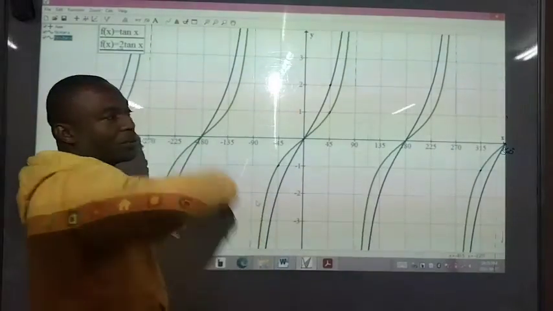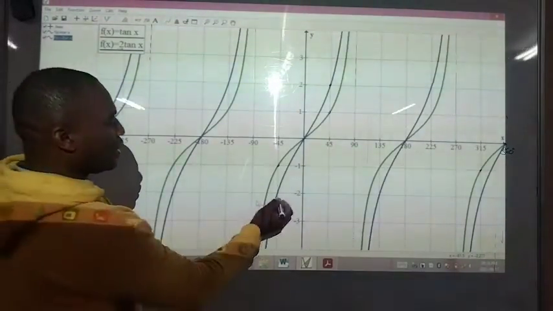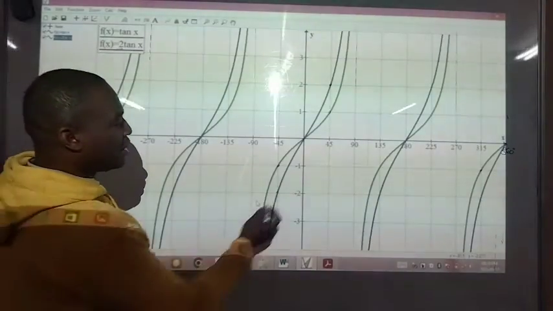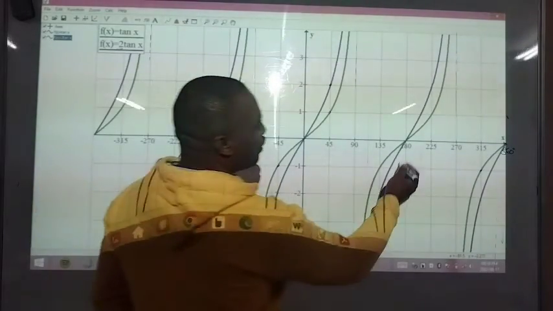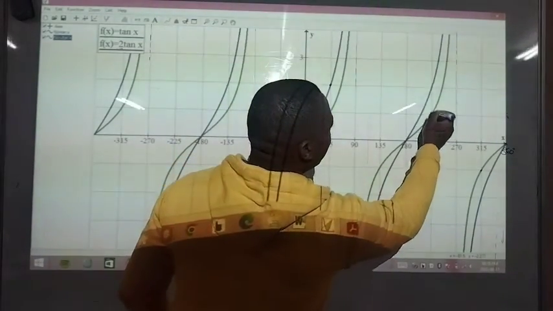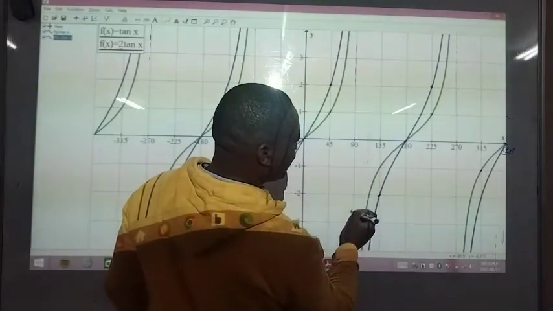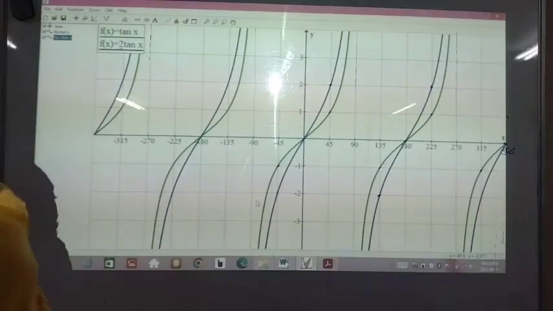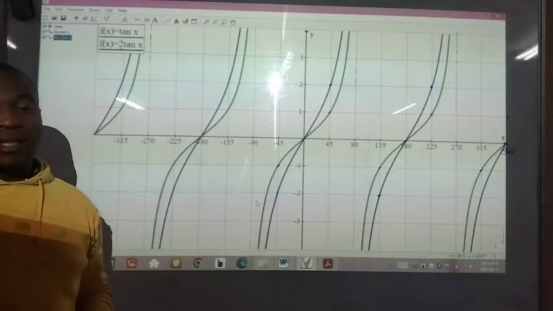So that shows that the graph has been stretched vertically. Even this side, the vertical stretch brings this point here. Even this, it was here, now it's passing through these points. So that's the vertical stretch. That's the essence of A, just ignoring the negative.